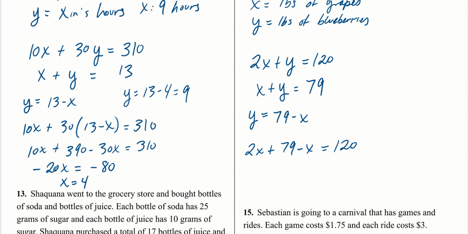So I can combine like terms. So 2x minus x is just 1x. So x plus 79 equals 120. I'll subtract 79 on both sides. 120 minus 79 is 41. So x is equal to 41. And then to solve for y, we just plug back into this equation right here.